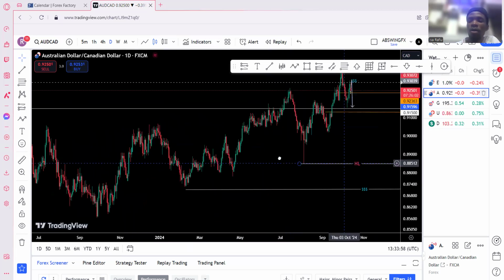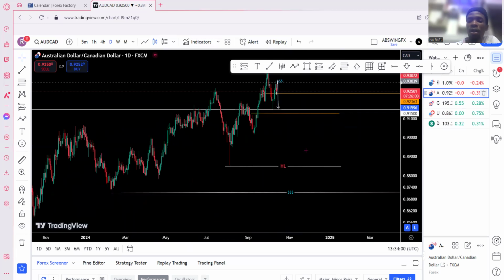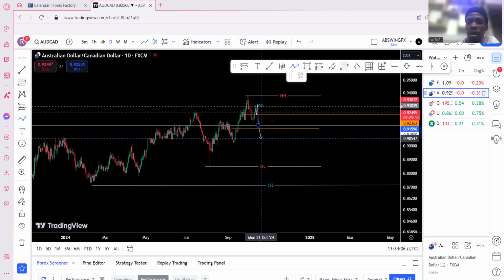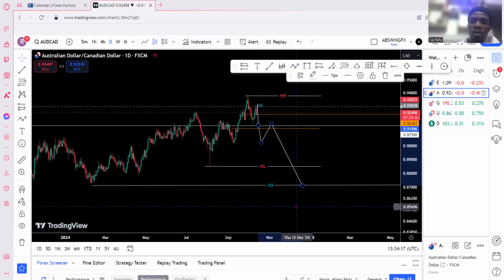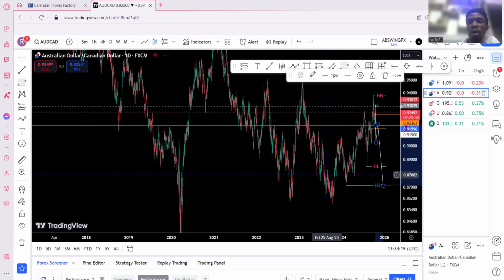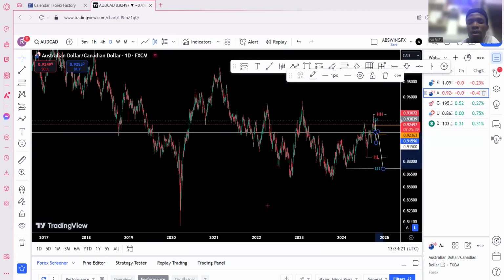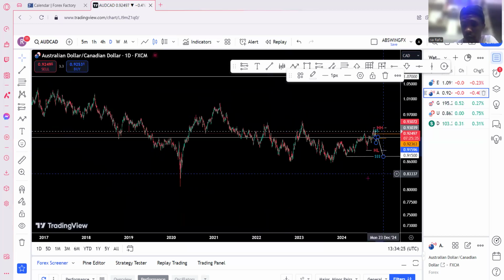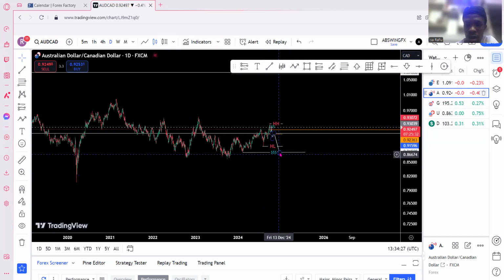So basically, if the market starts dropping, breaks this place, goes back here and keeps dropping, and keeps dropping. And that's my bias from there.